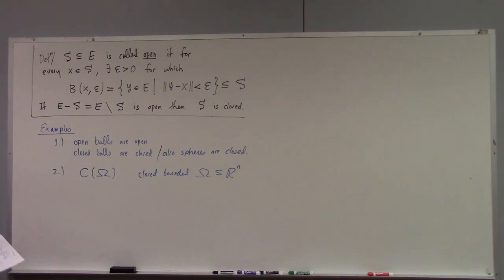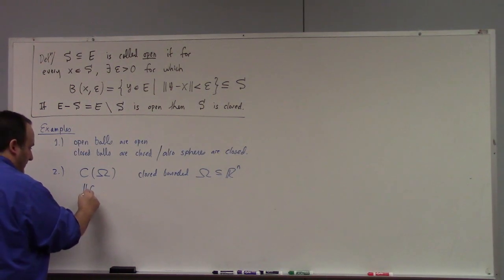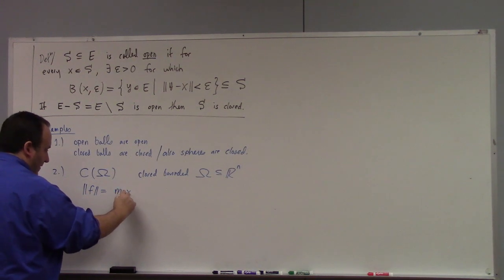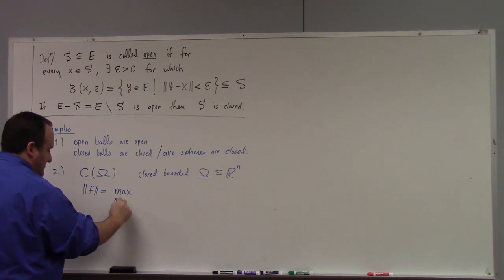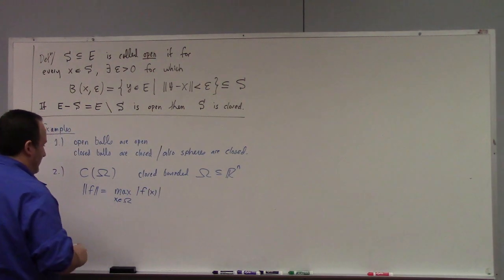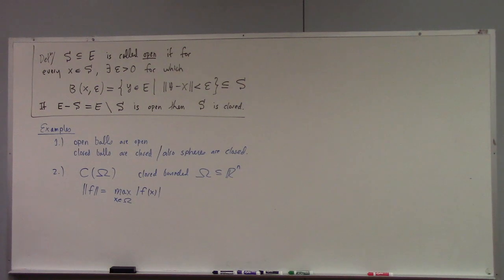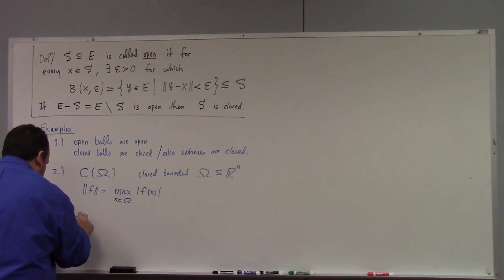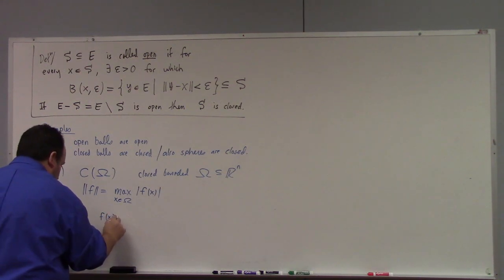Remember, we had the norm of f to be equal to the max for x in Omega of the absolute value of the function, right? So we're looking at either real or complex valued functions on a closed bounded subset of Rn that defines a norm, and then he gives this laundry list of sets which are open and closed. Like if you've got a positive function, for example.